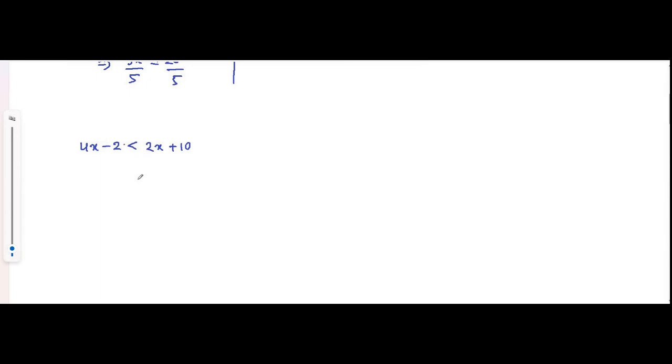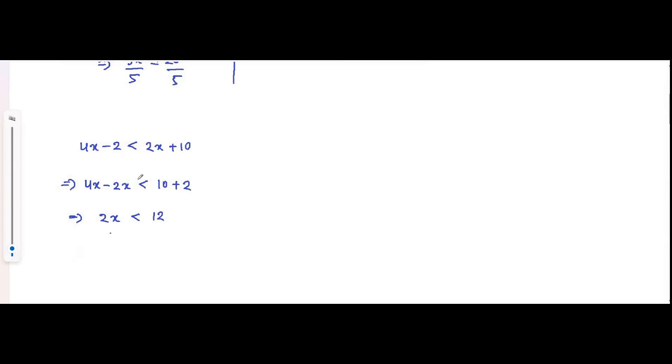This minus 2 we will take to the RHS and it will become plus 2. So that implies 4x minus 2x, which will not affect the inequality sign, it will stay the same, lesser than 10 plus 2. That implies 2x is lesser than 12.